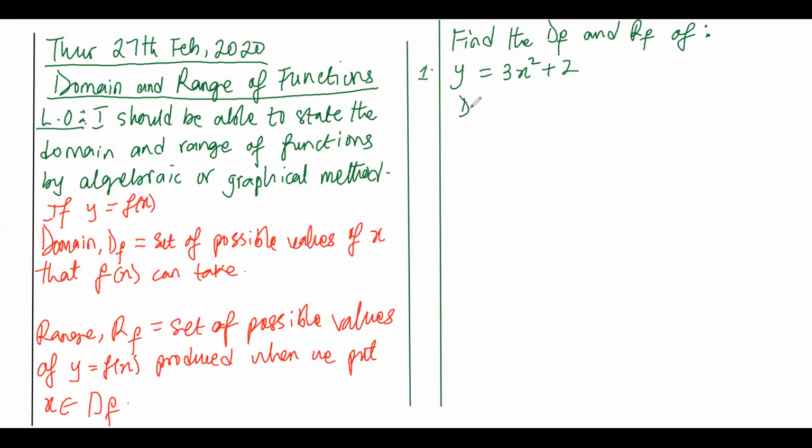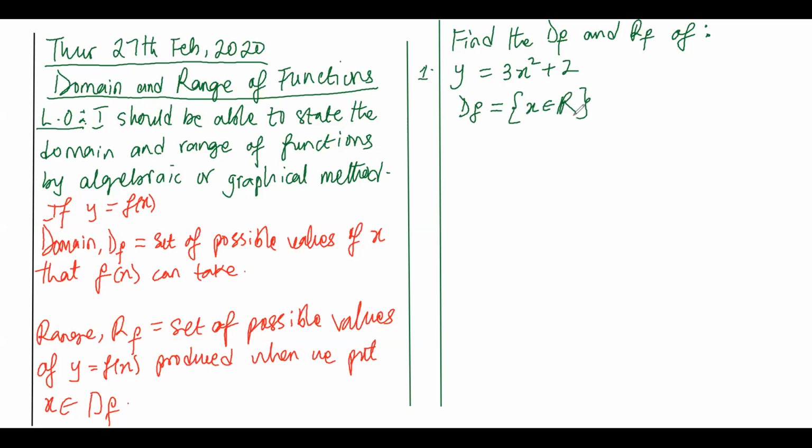So my domain is every x, positive or negative. Do we agree? Talk to me, please. Every value of x can be substituted. So to write that, I would say domain is equal to set of x in R. That is all real numbers. There's no additional condition.